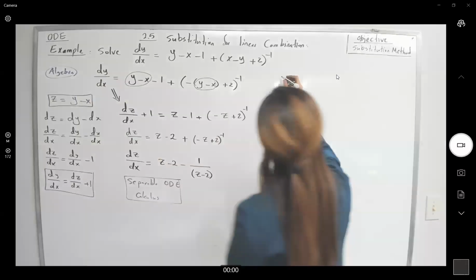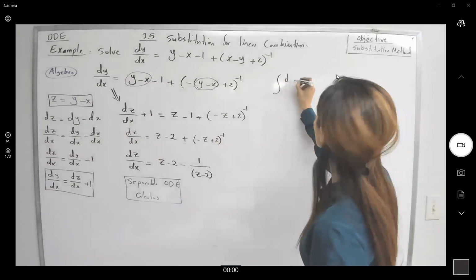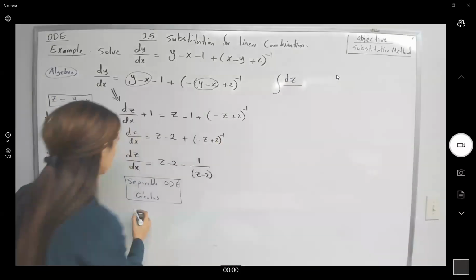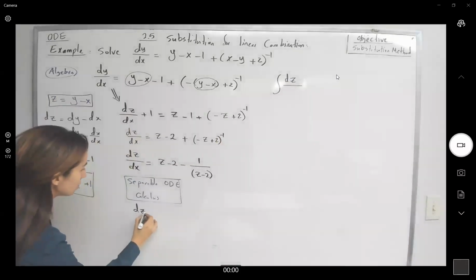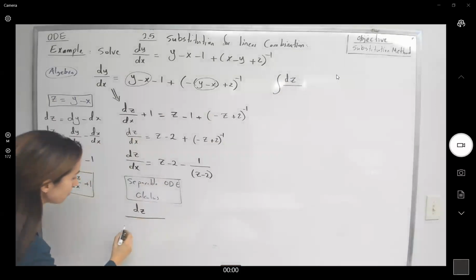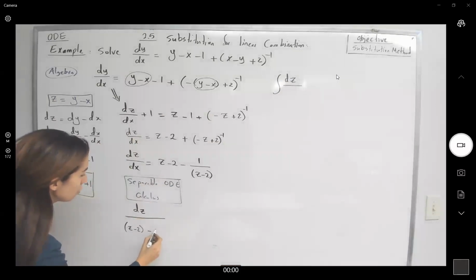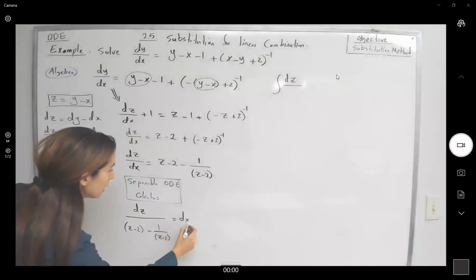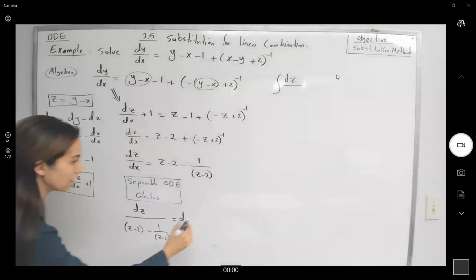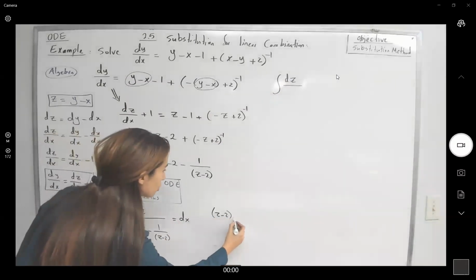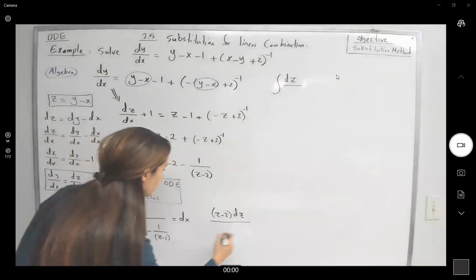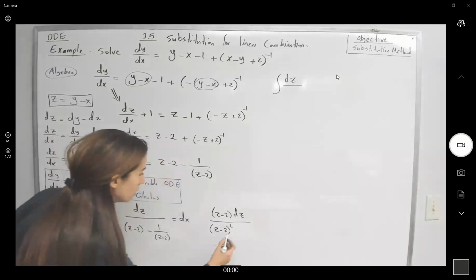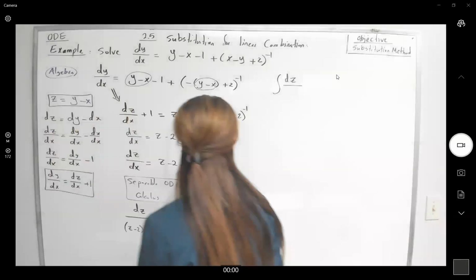Let me write this down here in the separable form. We take the integral of dz divided by z minus 2 minus 1 over z minus 2 equals dx, and this becomes (z minus 2) dz divided by (z minus 2) squared minus 1 equals dx.